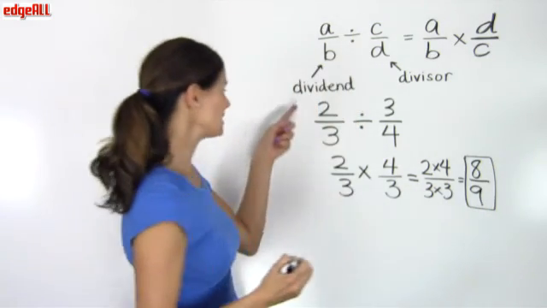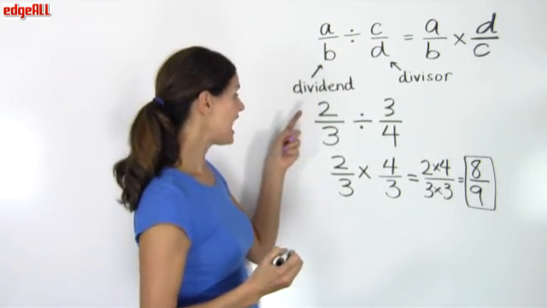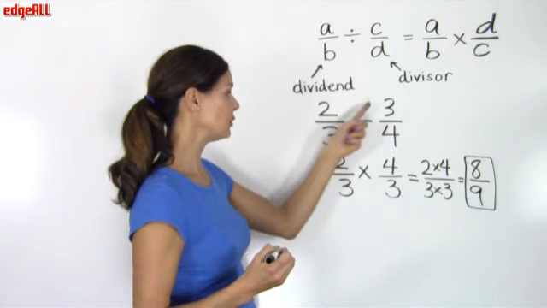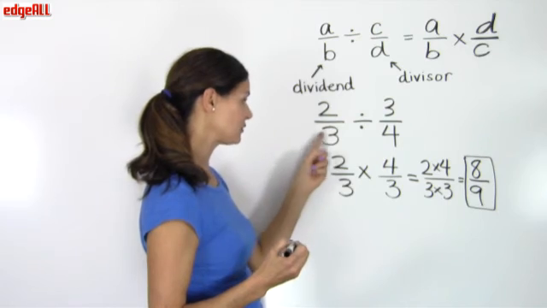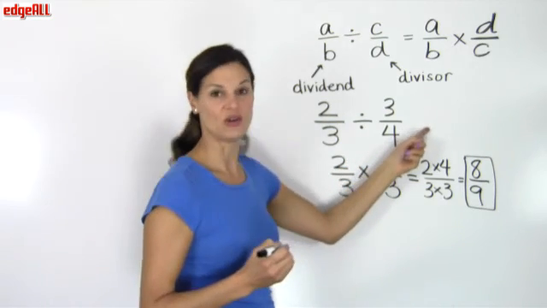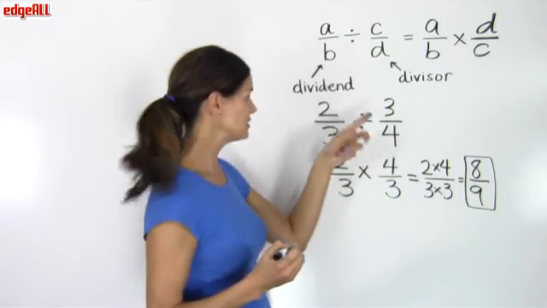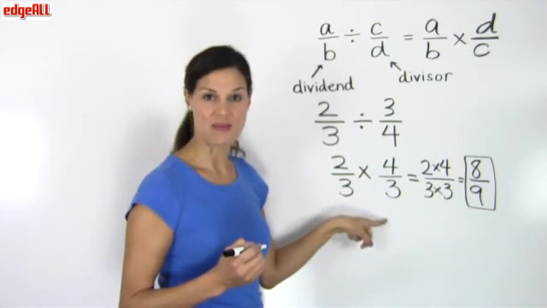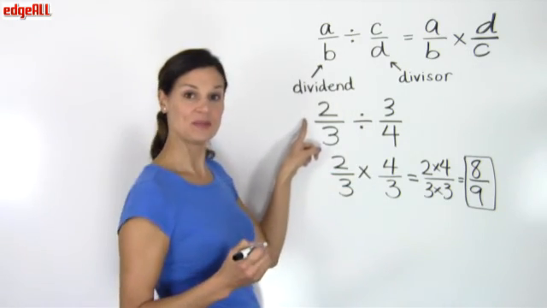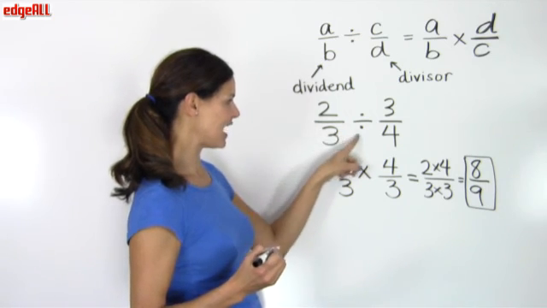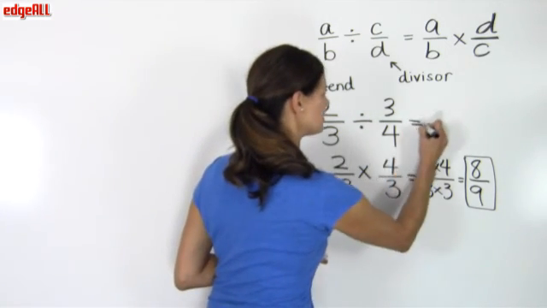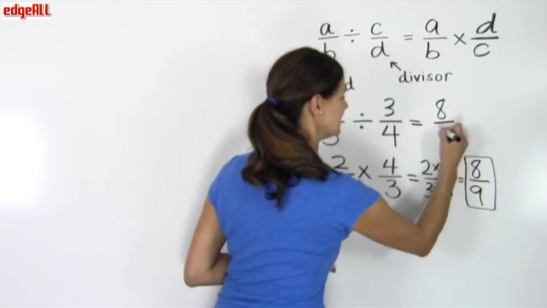Now I could see when I was first given the problem that I cannot divide 2 by 3 and get a whole number, and I cannot divide 3 by 4 to get a whole number. So I have to use this invert and multiply method in this given problem. So my answer to my problem, 2/3 divided by 3/4, equals 8/9.